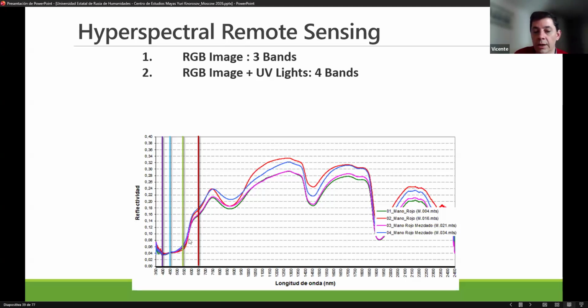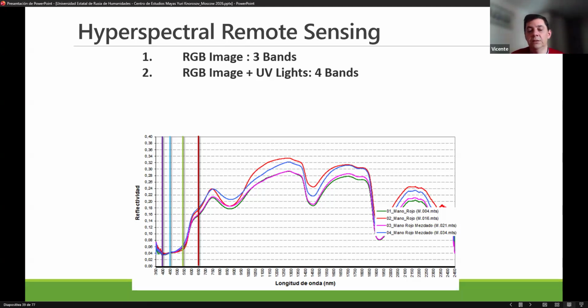Okay, so in rock art, there are some processes that sometimes cannot be seen by the eye, and you need to go to other parts of the spectra to see or to separate them. Here, if you have these four signals, you can separate them better here than in here, where it is almost impossible because they coincide.